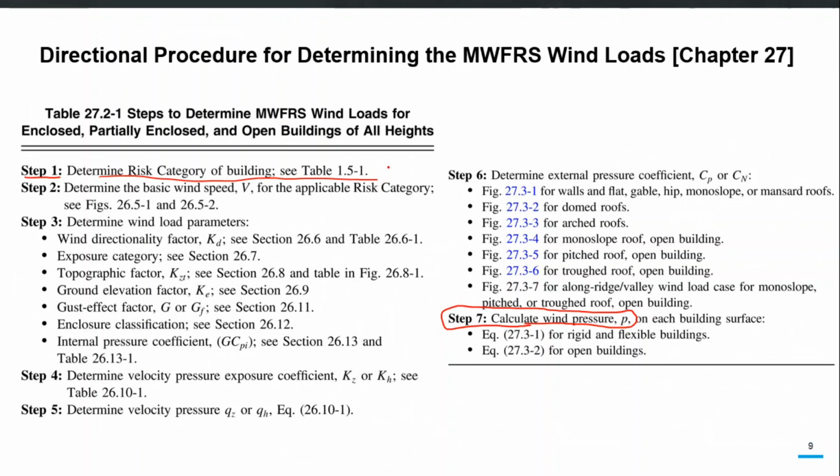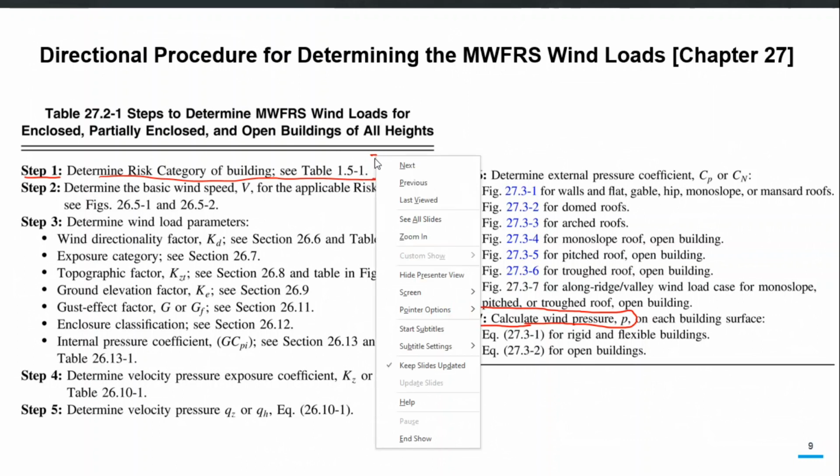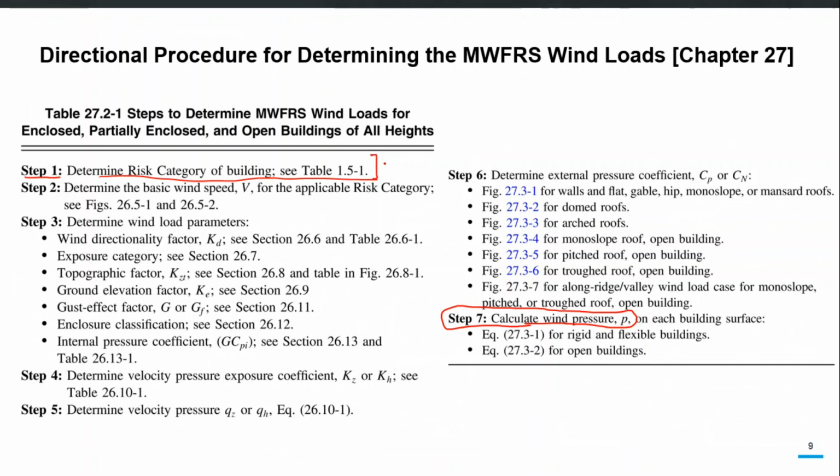Depending upon the risk category of the building, which again depends on the occupancy type of your structure, you have different requirements for wind loading and also for other types of loading. So the first step is to establish the risk category of your building.